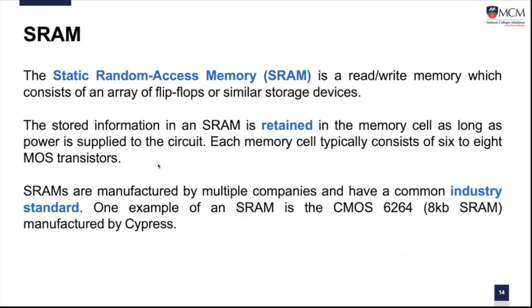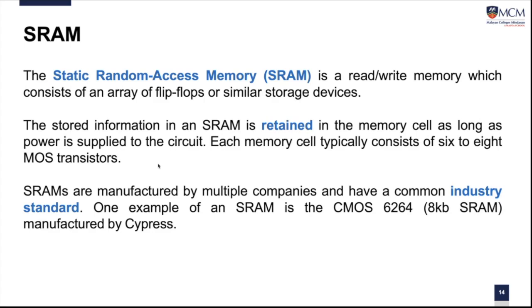SRAM is a read or write memory which consists of an array of flip-flops or similar storage devices. The stored information in an SRAM is retained in the memory cell as long as power is supplied to the circuit. Each memory cell typically consists of 6 to 8 MOS transistors.